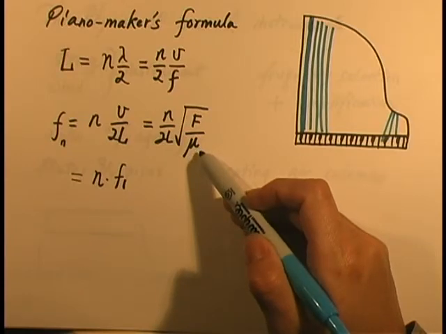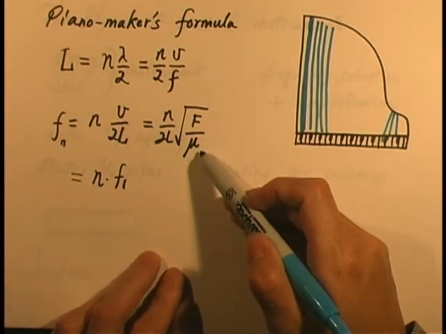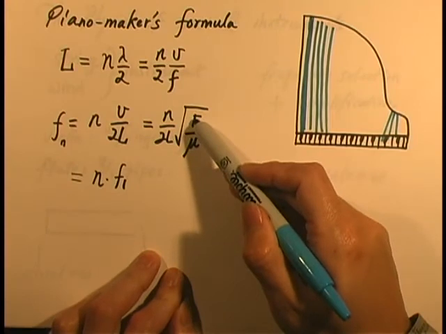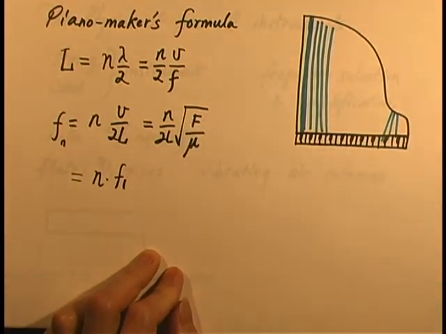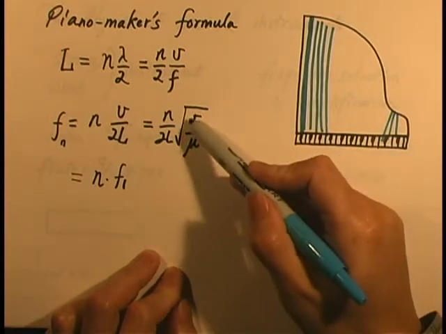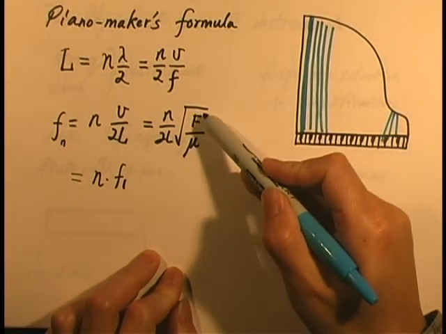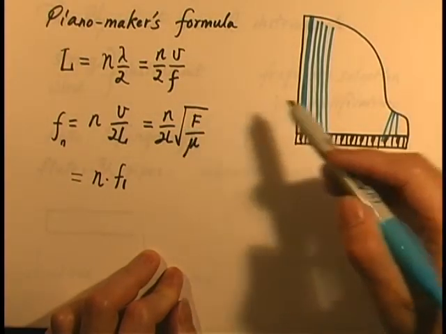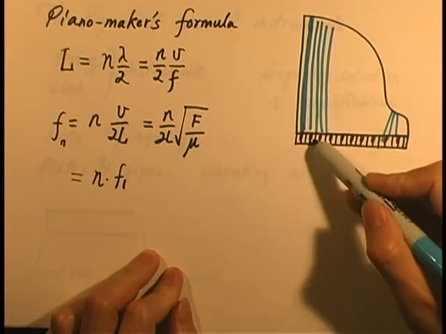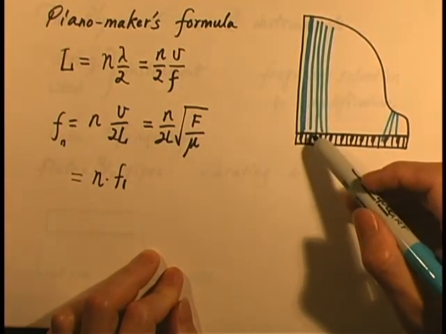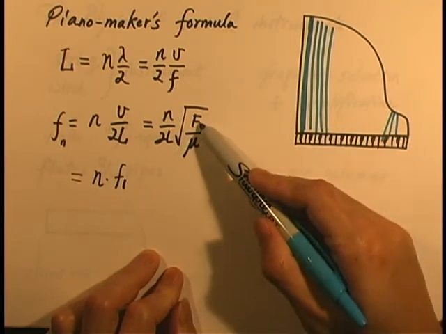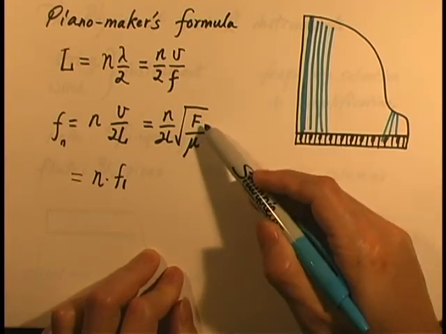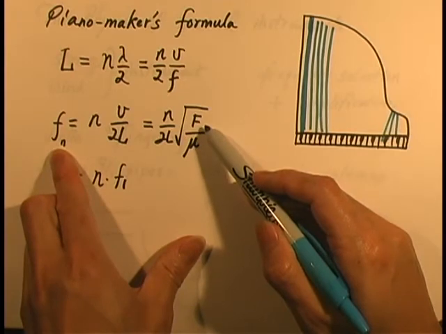So the only variable that you can adjust is F, that is the tension on the string. And that is how the piano tuner comes in to adjust the frequency for you. The piano tuner deals with the tension on the string. He uses a plier to either loosen or tighten the string. If you loosen the string, then of course you're reducing the tension, therefore reducing the frequency, softening the pitch.